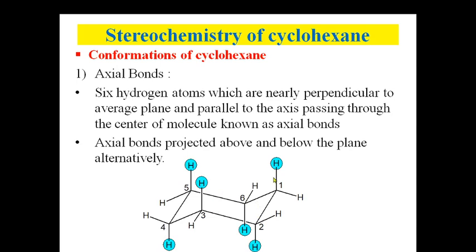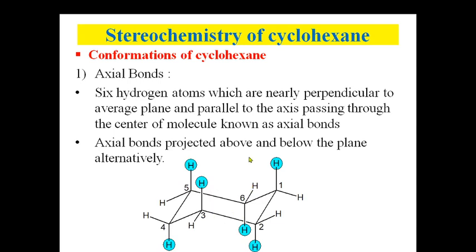Or if you pass an axis, the central axis, through this molecule, these bonds are parallel to the central axis passing through the center of the molecule. These bonds are known as axial bonds.